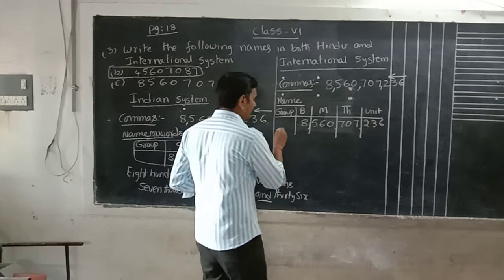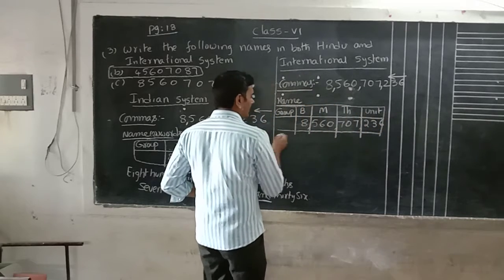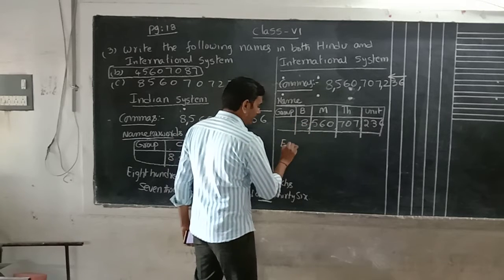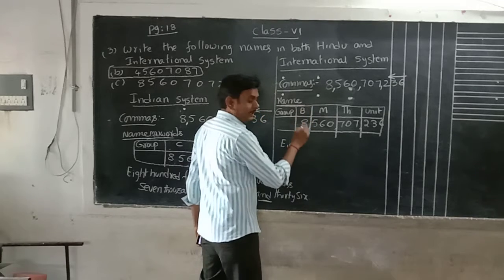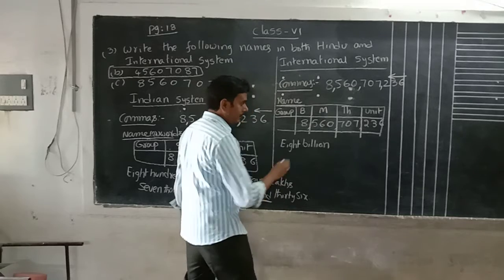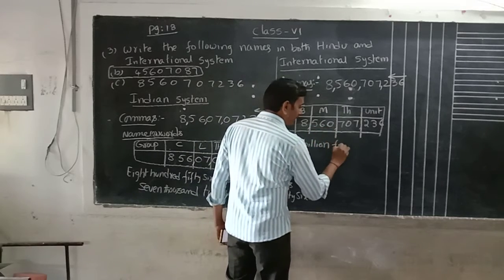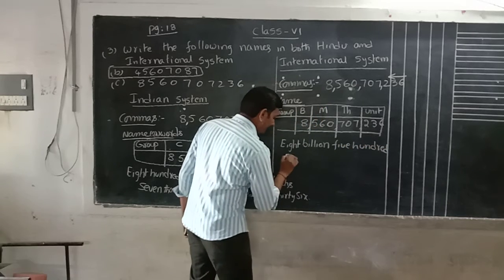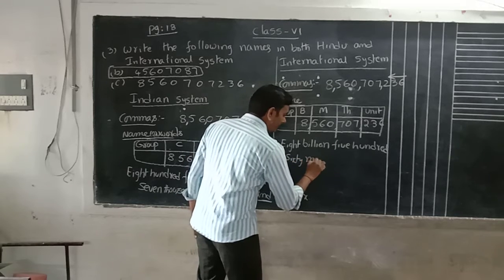Now we will write the number in words. In the billion group we have the digit 8. What is the place value? 8 billion. In the million group, what is the number? 560. What is the place value?